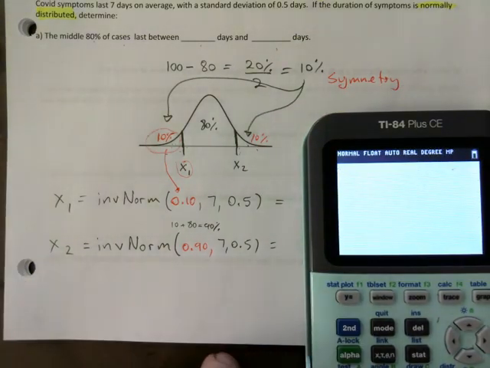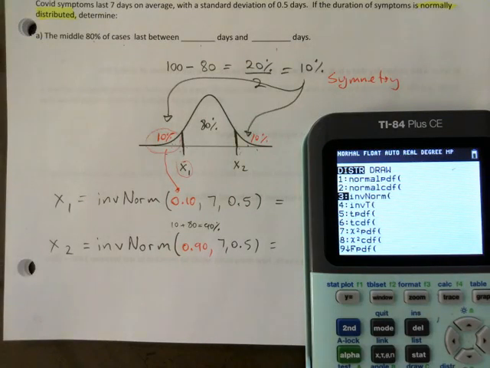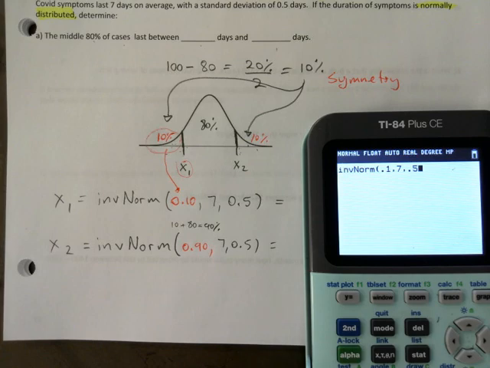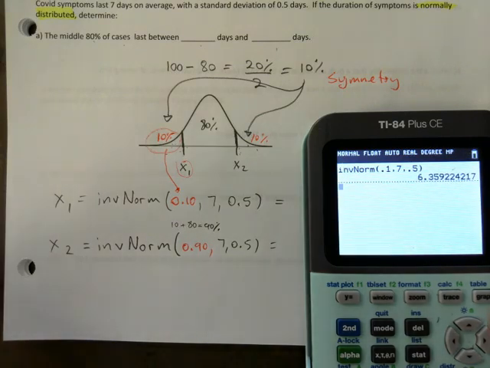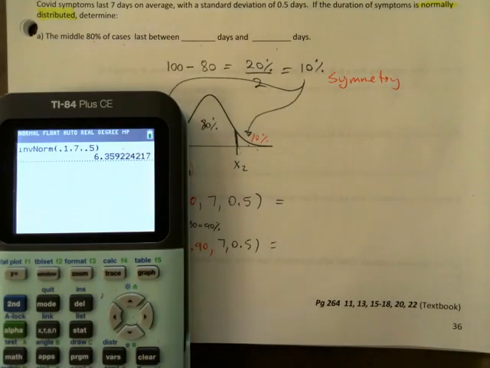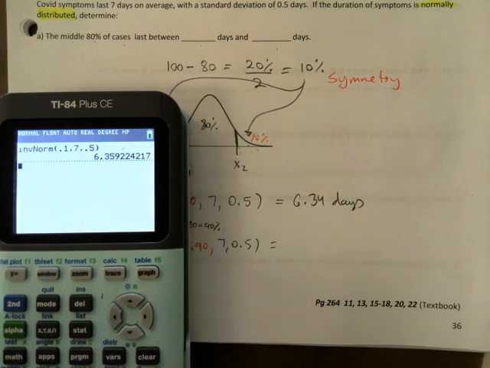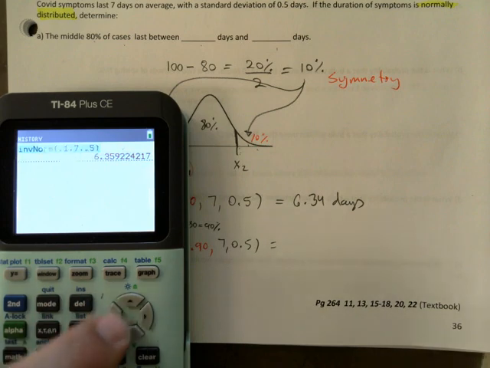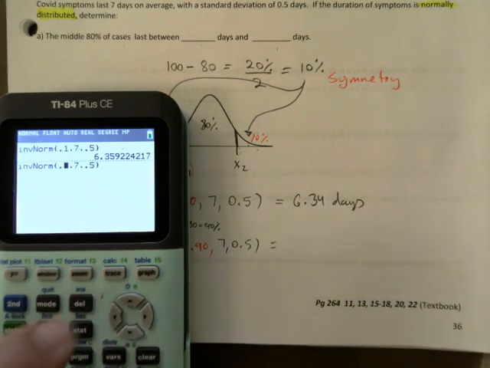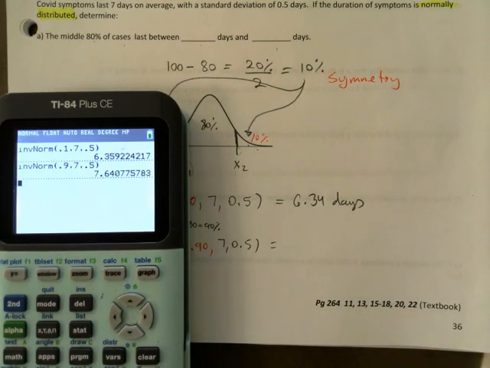And here we go, second distribution, 0.1, 7, 0.5. That's 6.34. What units? Well, it's days. And then I'll copy paste and do the same thing for 0.9.